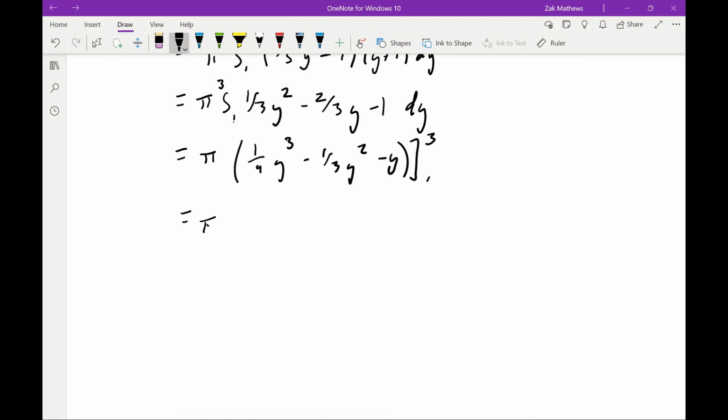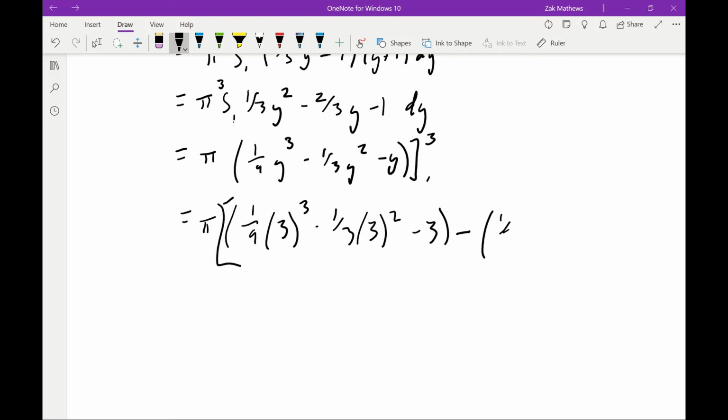So we'll have pi times 1/9 times 3 cubed minus 1/3 times 3 squared minus 3. Throw an extra set of brackets around this so I can subtract off the 1/9 times 1 cubed minus 1/3 times 1 squared minus 1. Yeah, that's good.